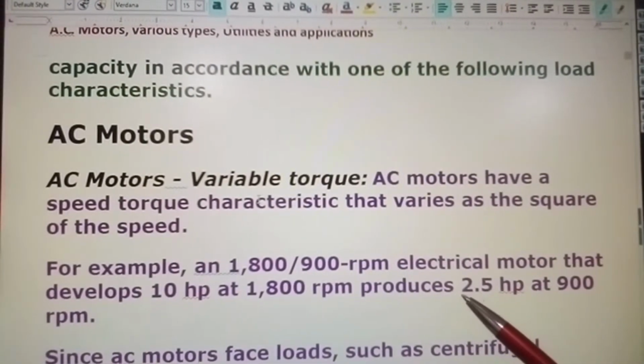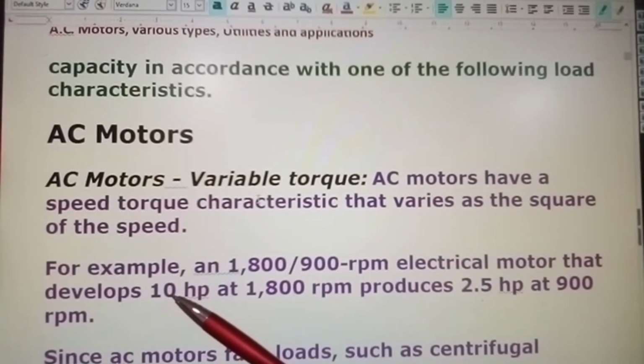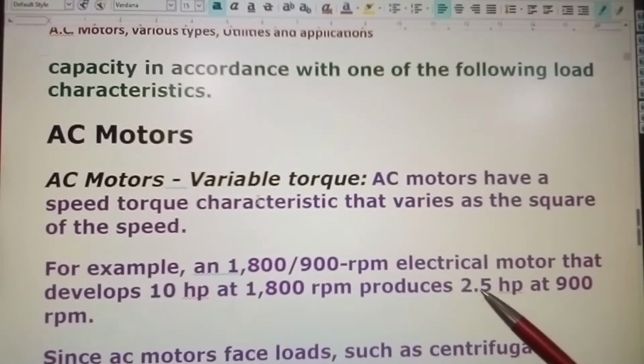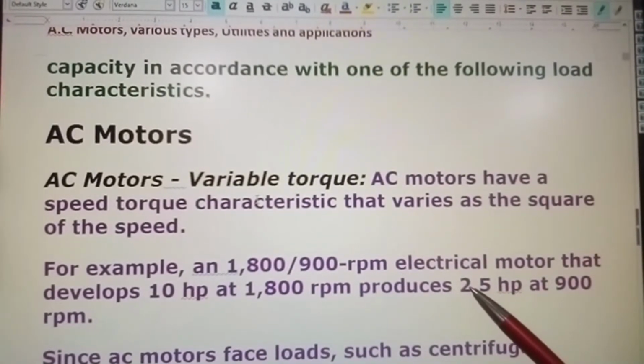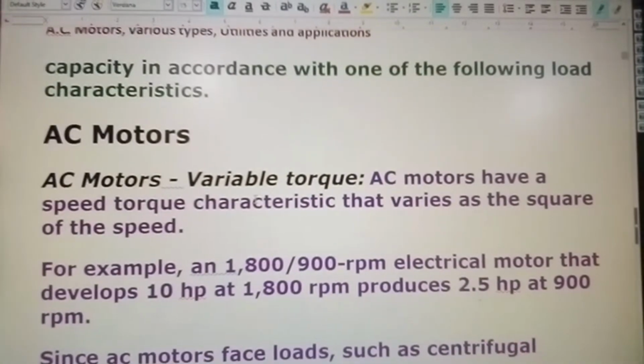Just imagine for a moment: you have a 10 horsepower load. It could be 2 tons, for argument's sake. Suddenly you're going to be lifting 2 tons with the 2.5 horsepower. Will that motor do it, or is the motor going to give some issues? I will say the motor at 900 revs will begin to give you some issues.